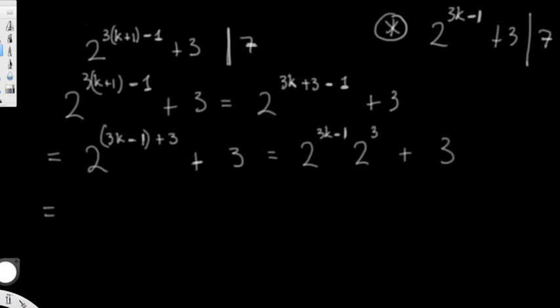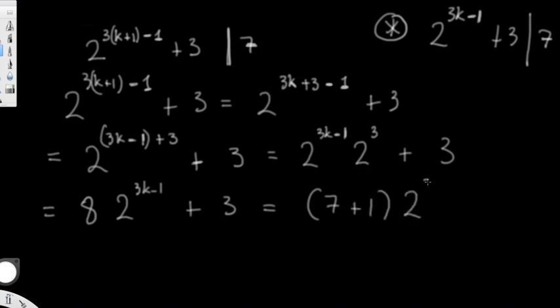Now this 2 to the power of 3 is equal to 8, times 2 to the power of 3k minus 1, and that plus 3 is still there. And this 8 can be written as 7 plus 1, times 2 to the power of 3k minus 1, plus 3. Then this is equal to 7 times 2 to the power of 3k minus 1, and then plus 1 times 2 to the power of 3k minus 1, which is this one here, plus 3.